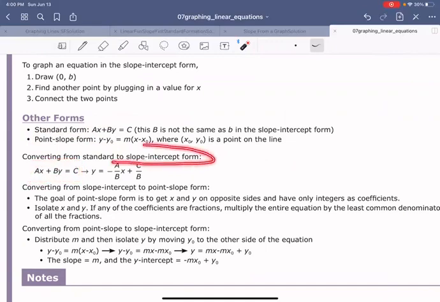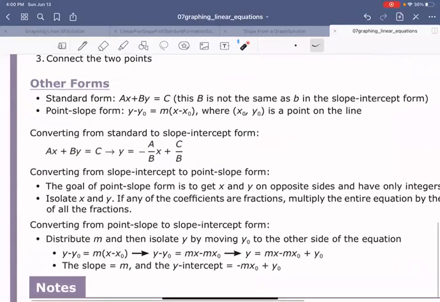Changing to slope-intercept is easy. This is the conversion between standard format and the slope y-intercept format, okay?